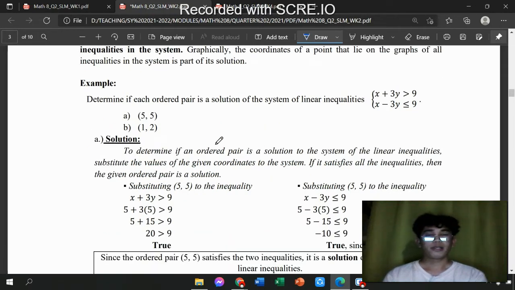To determine if an ordered pair, again these are the ordered pairs given, is a solution to the system of linear inequalities, substitute the values of the given coordinates to the system. If it satisfies all the inequalities, then the given ordered pair is a solution. So very simple ra ang pwede natong buhaton. Ato orang i-substitute ang atong ordered pair sa atong linear inequality.